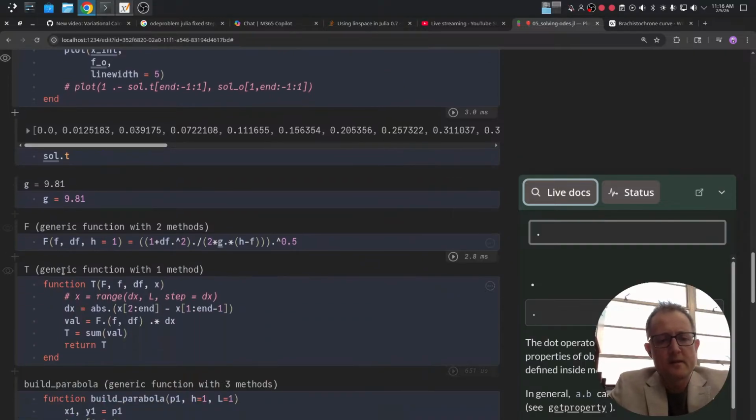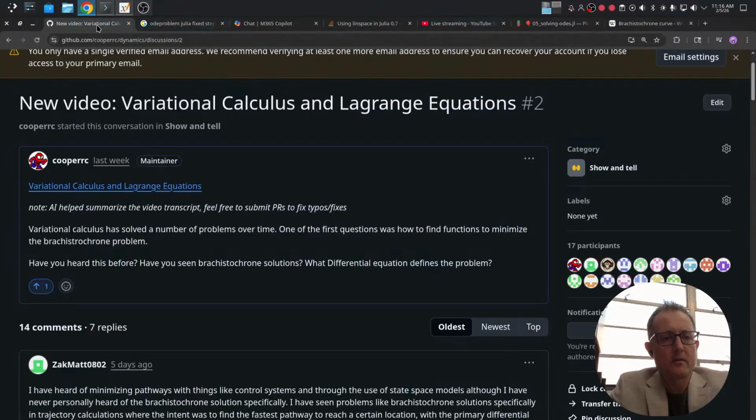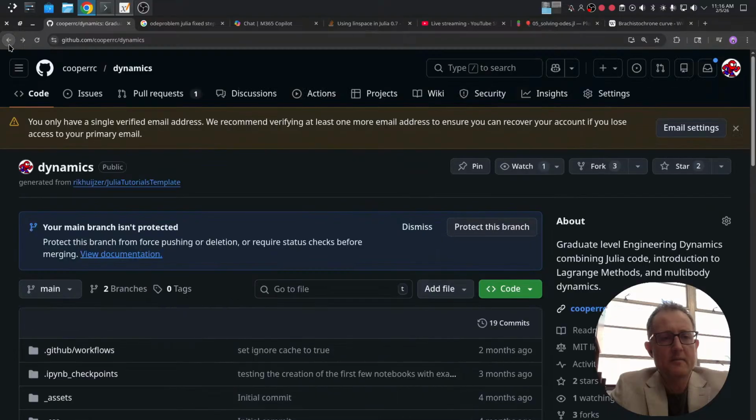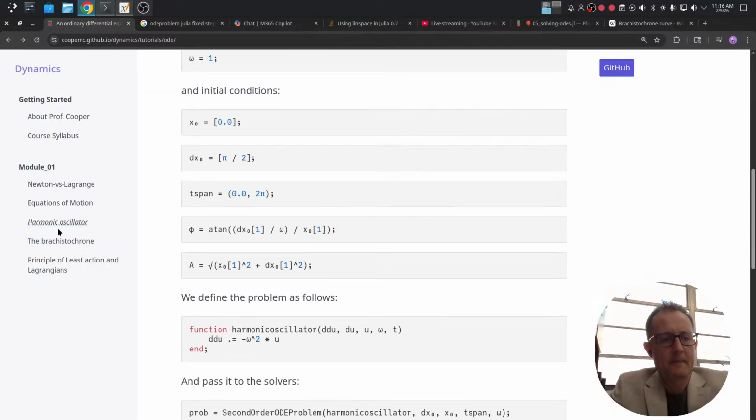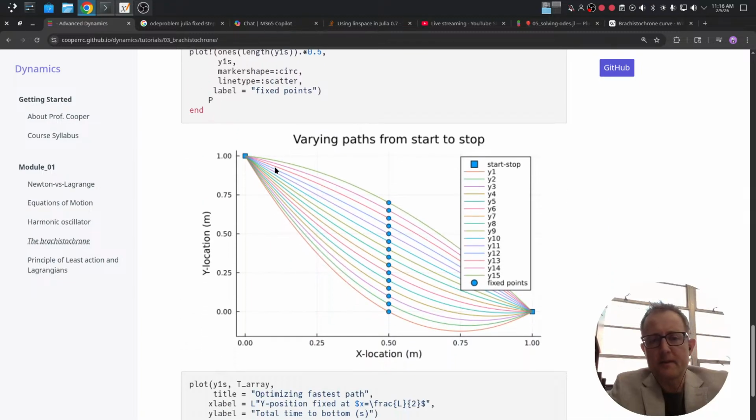And now I can plug it into that time function from before. Same thing here. I have a new path defined that's called the brachistochrone.